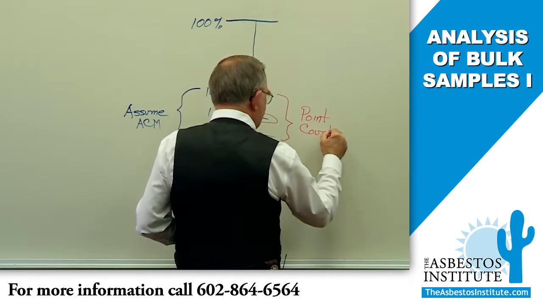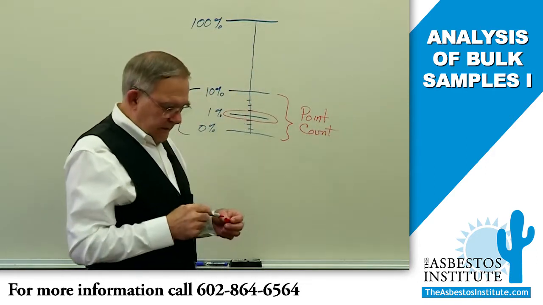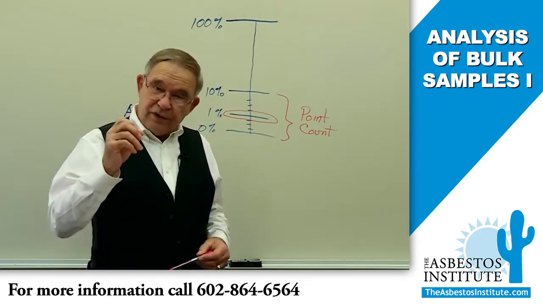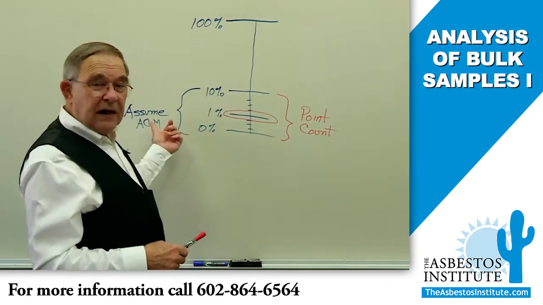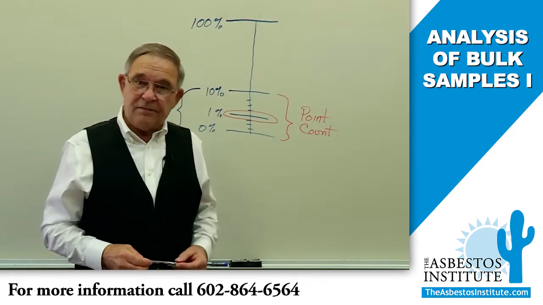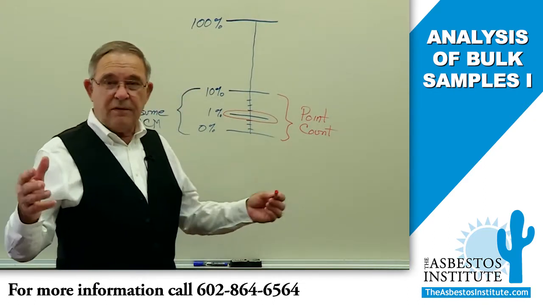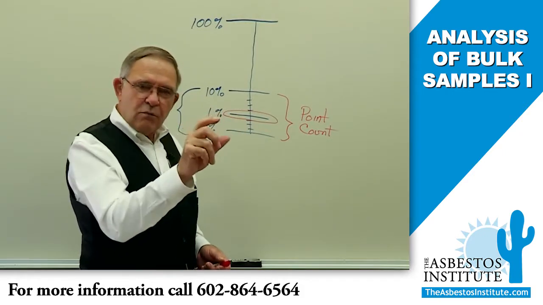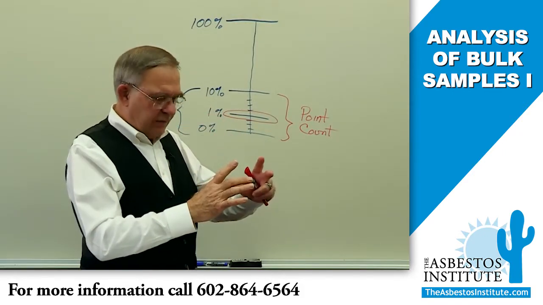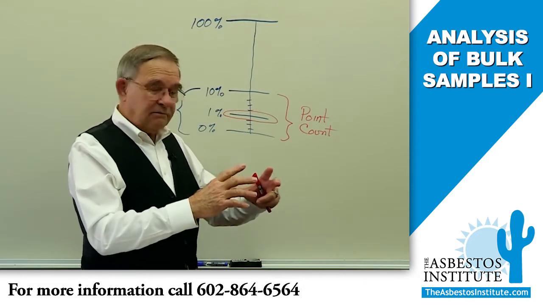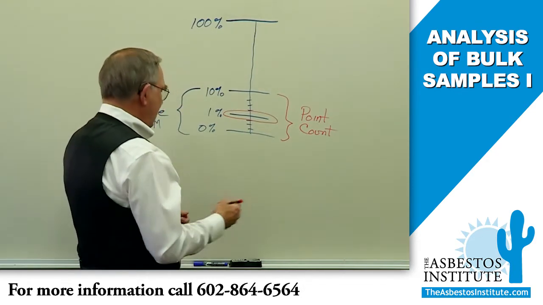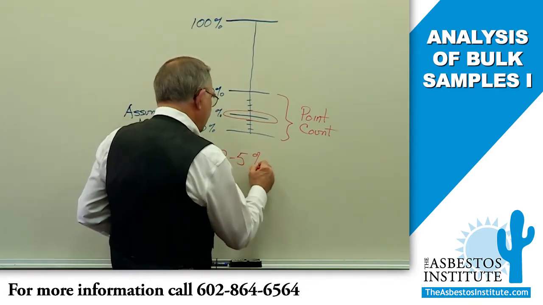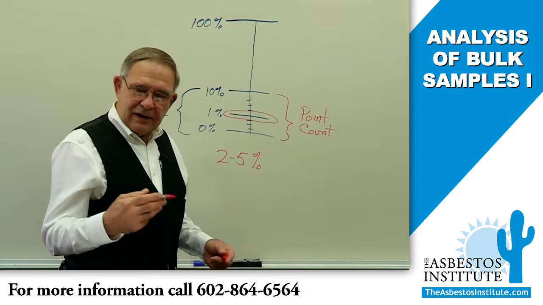Now the point count is just a different way of giving us a result, a quantitative result, a real number result of analysis using the PLM microscope. Okay, so we're using the same tool in a little different way. We're counting differently. Instead of looking at a large picture, it's called visual estimation, and we get results like 2 to 5% ACM or asbestos.